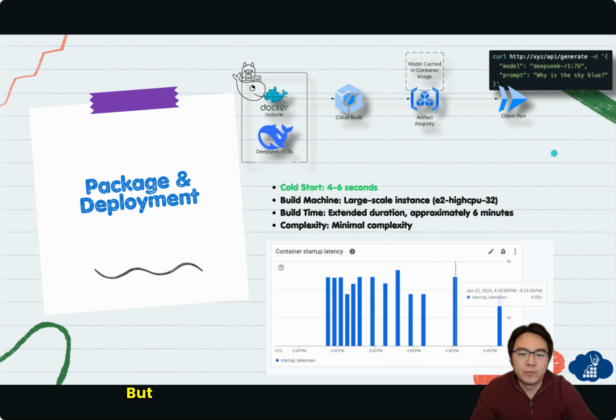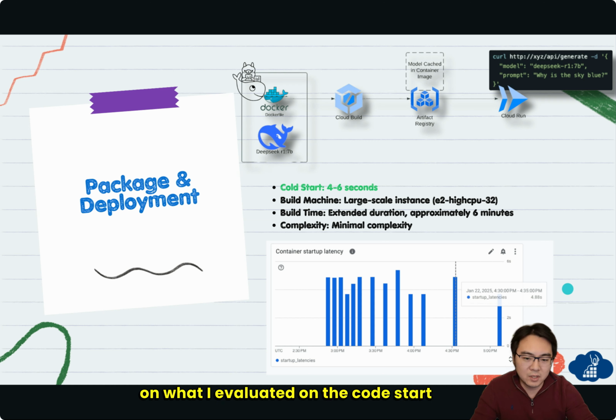But there is something mentioned in the Google documentation such that there are a number of ways that you can deploy. And one thing it did say was this way of my choice to deploy could cause problems of cold start, right? But based on what I've tested, you can see I've done a screenshot in here as well based on what I evaluated on the cold start time.